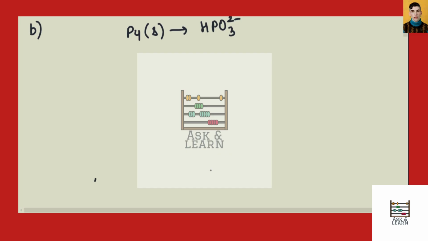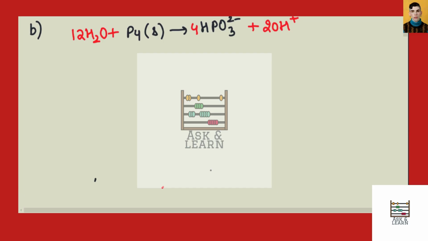So what are we going to do? At first we will balance the phosphorus atoms by putting 4 here, and now we will balance the oxygen atoms. So on right hand side we have 12 oxygen atoms, and therefore we will put 12 water molecules on the left hand side, and we have 24 hydrogen atoms on the left hand side and 4 hydrogen atoms on the right hand side. So we will have to add 20 protons here.